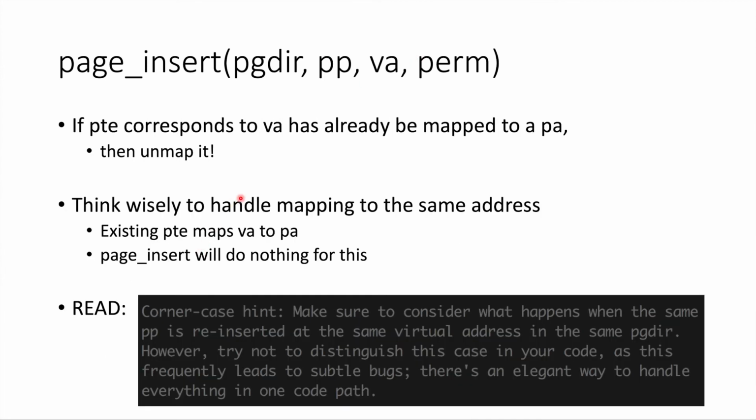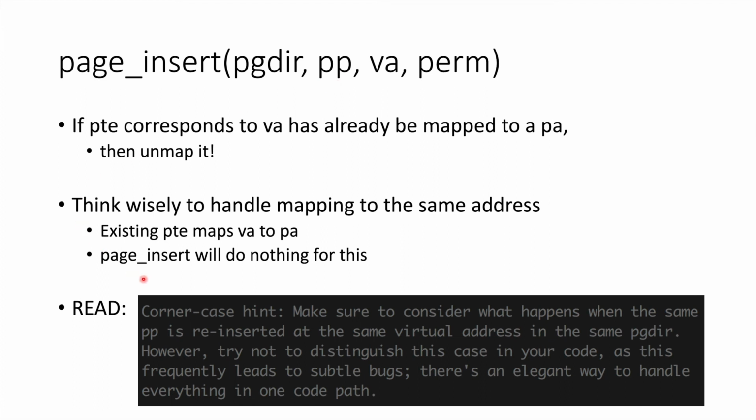And this sounds easy, but there is one corner case. Think about the case where the pp and va combination, so va is mapped to a physical address, and that address is the same as the physical address pointed to by pp. Then there is a problem.